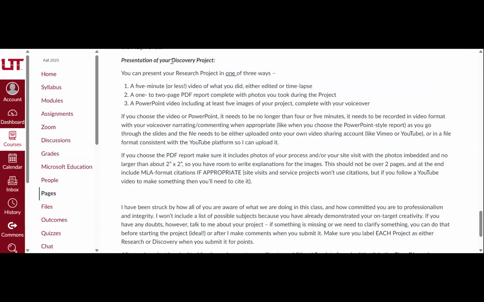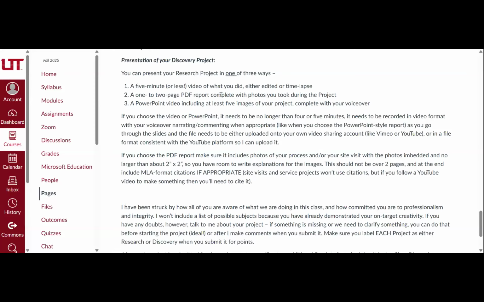The best way to present your discovery project is a 5-minute or less video of what you did, either edited or time-lapsed. You can do a slideshow of photos of your process, including your inspiration photos, like what paintings or artwork inspired you to make whatever you made, then photos of the process, and you doing a voiceover of what you did.